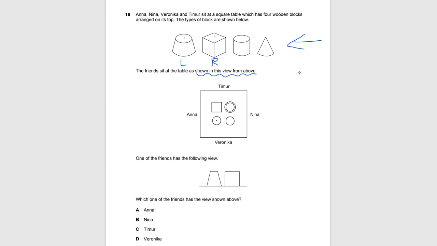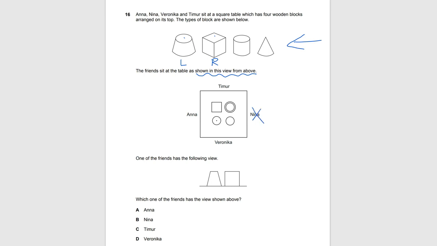So Nina has a circle shape on the left and a 2-circled shape on the right. This 2-circled shape will be matched to this curved cone here because it has one circle smaller than the other when we look at it from the top perspective. So Nina actually has this curved cone shape on her right, which is not what we want because we need that shape to be on our left.